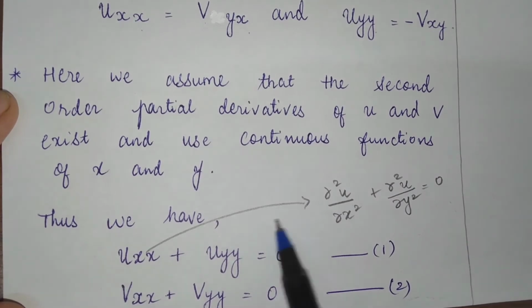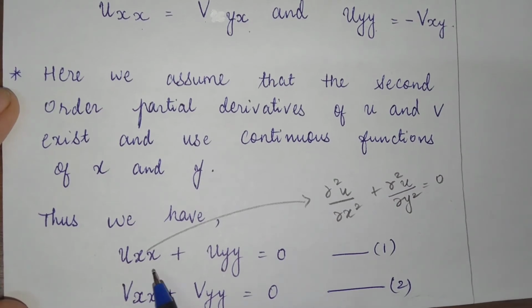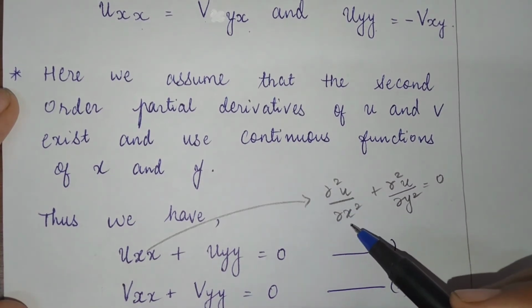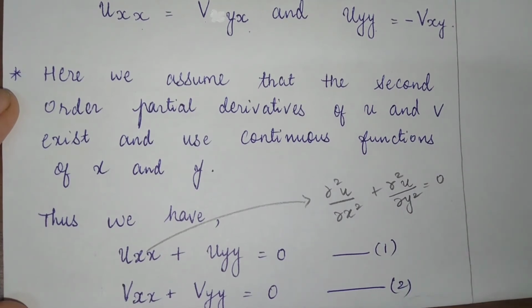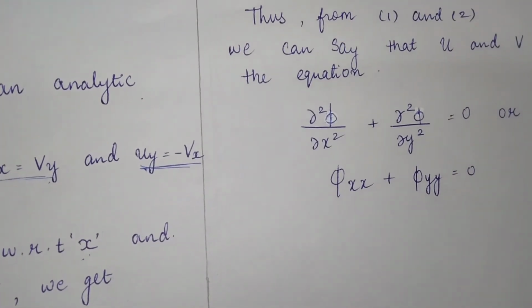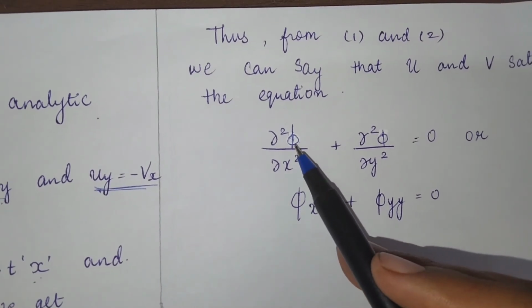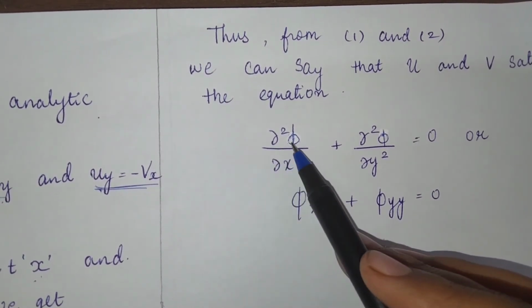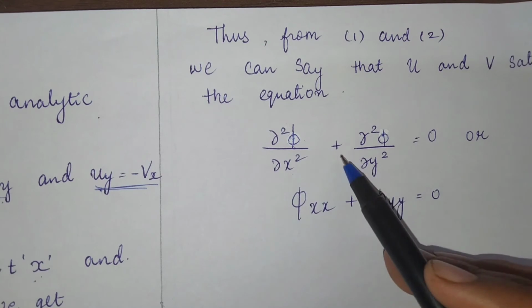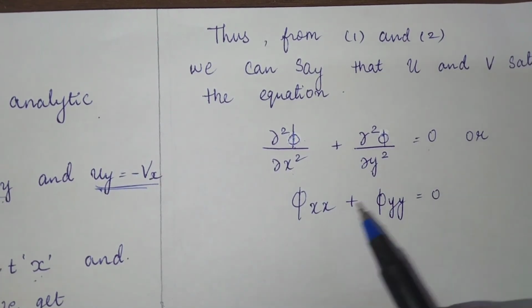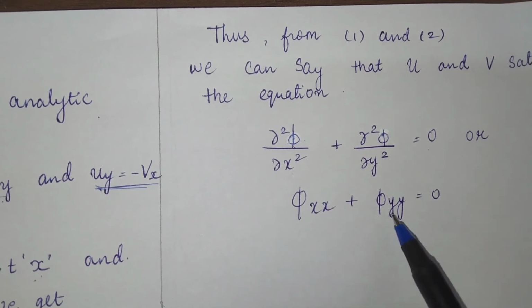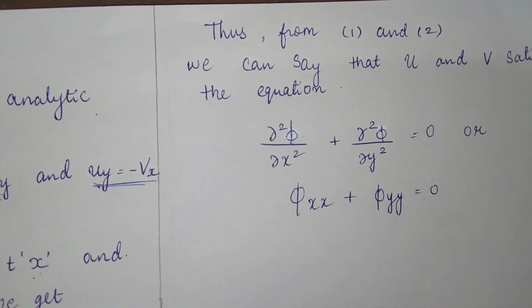When these conditions are met, they are called harmonic functions. uxx means del square u by del x square, uyy means del square u by del y square. Generally, writing phi in place of u and v, we can write del square phi by del x square plus del square phi by del y square equal to 0, or phi xx plus phi yy equal to 0.